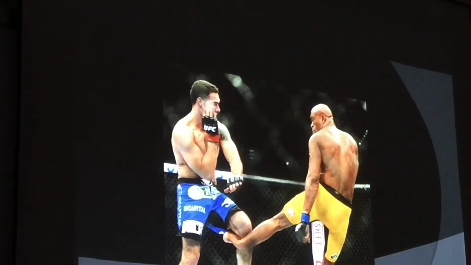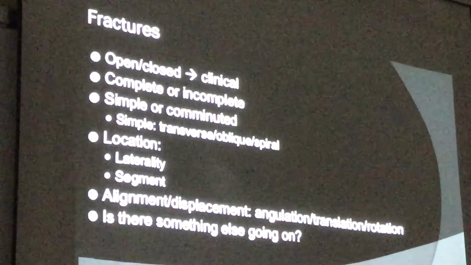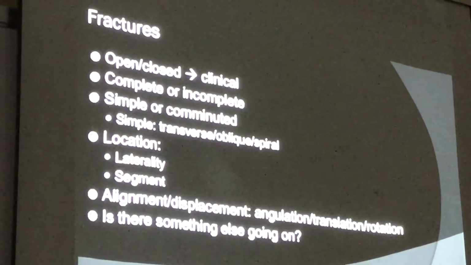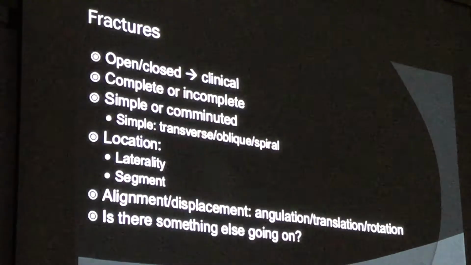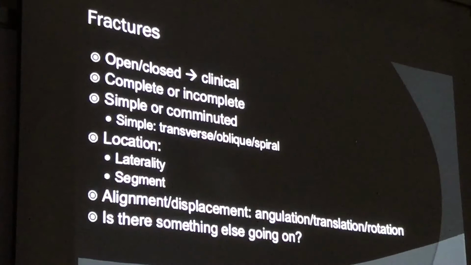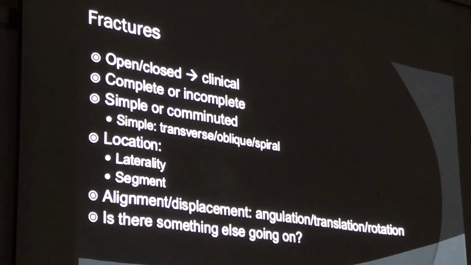Okay, so how would we describe fractures that we see on X-ray? The basic thing, which is also taught in ortho, is that you start with, is it an open or closed fracture? But that part is clinical. Then you say whether it's complete or incomplete, whether it's simple or comminuted, and if it's simple, what kind?